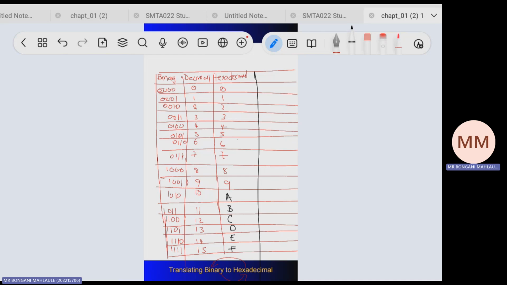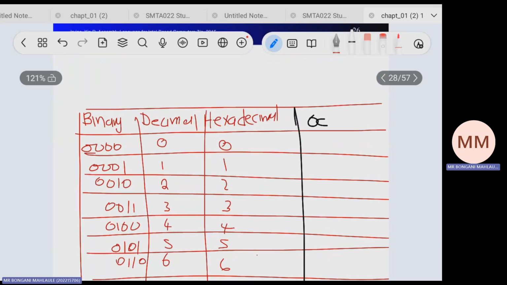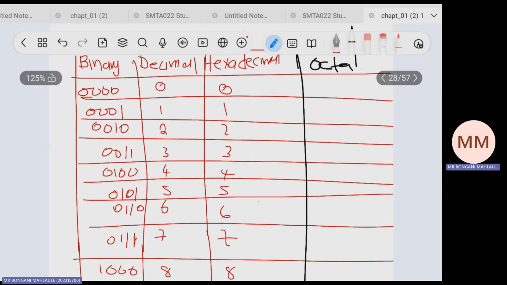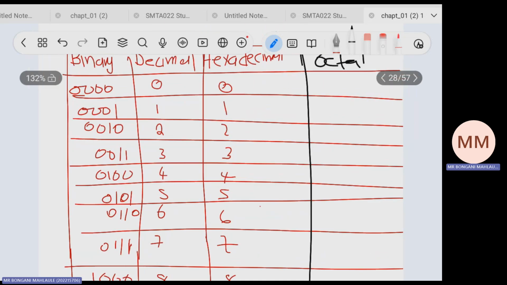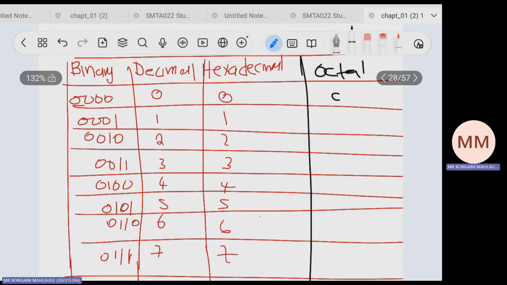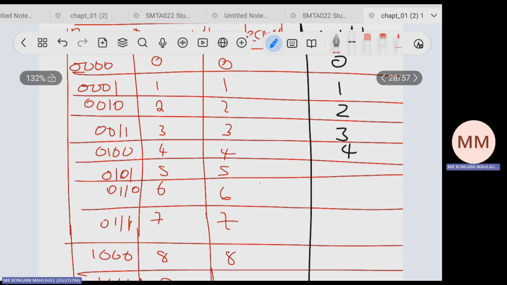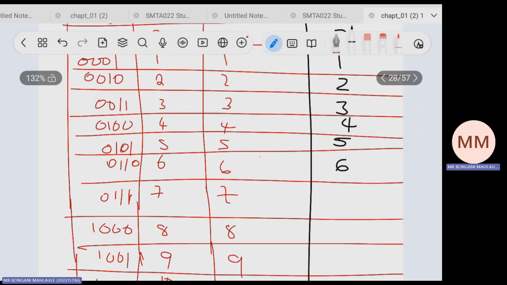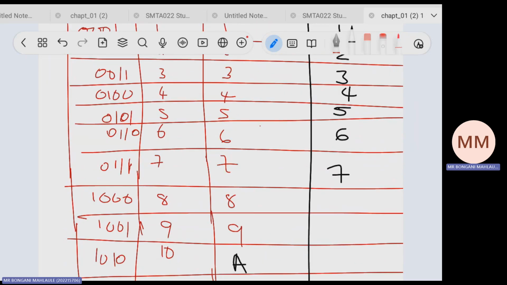Let's try to also include the octal. Zero, 1, 2, 3, 4, 5, 6, 7.